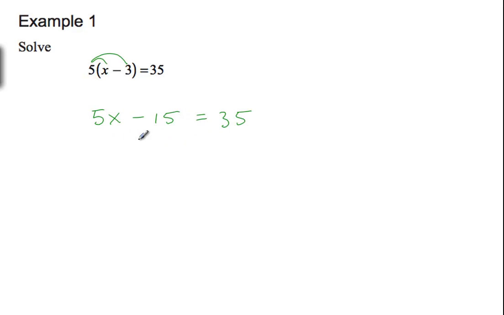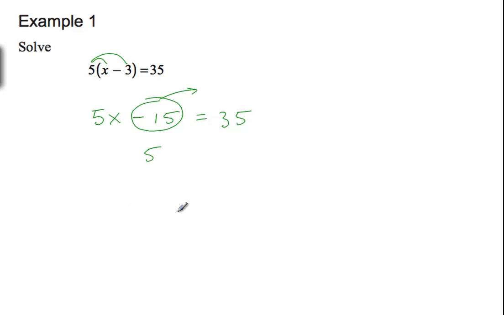Another way to look at this is the number on the left side is negative 15, and we don't want this on the left side. We want only x on this side and only numbers on the right side. So negative 15 on the left side, we can put on the right side by simply flipping the sign. Negative 15 on the left side will be positive 15 on the right side.